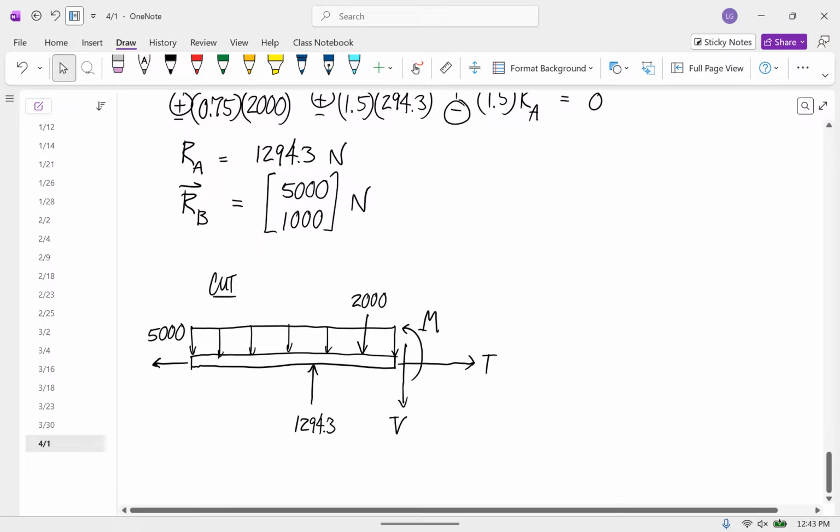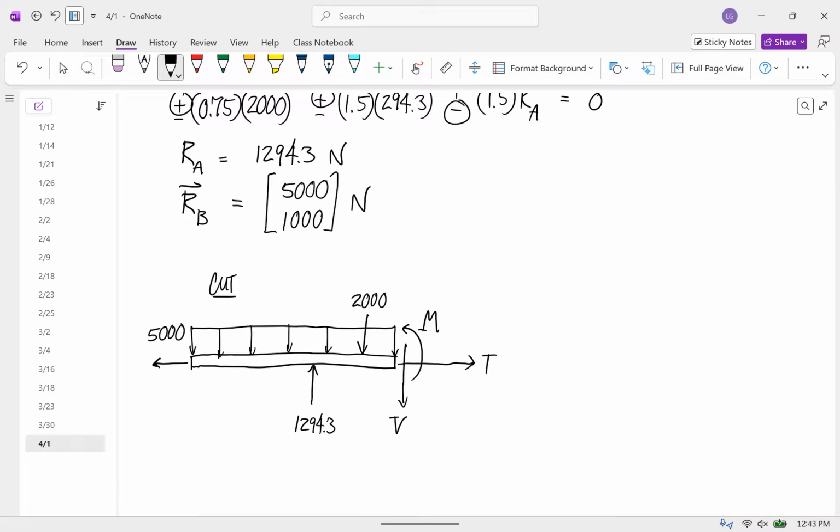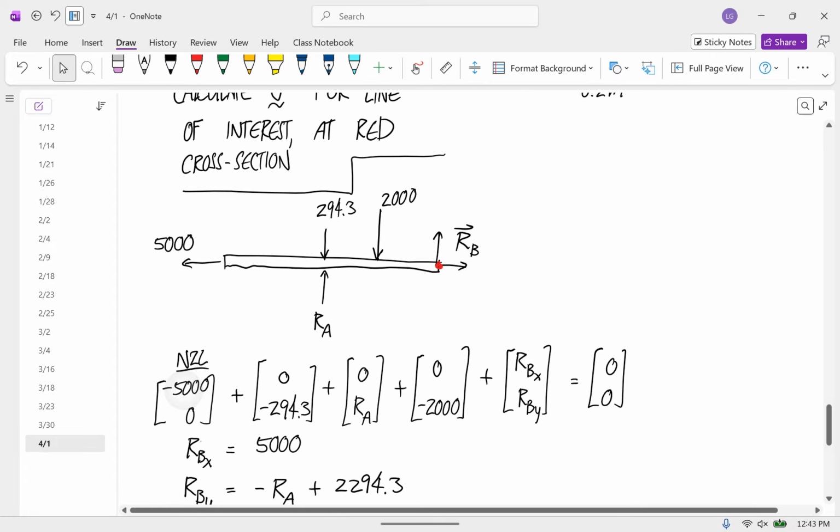The distributed load is the weight? The distributed load is the weight. That's right. So remember that since I'm doing a cut, it's not the full weight of 30 kilograms here. It would have been easy to calculate, just 3/4 of 30 kilograms times 9.81, but I'm doing it in 2 steps.